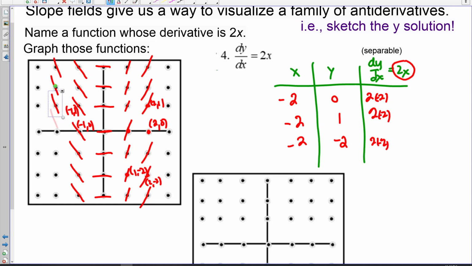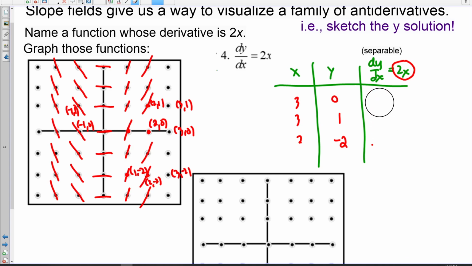And then finally, what if I went through the points over here, where this point here is 3, 0. This point here is 3, 1, over 3, up 1. This point down here would be 3, negative 2. What would the slope through those points be?